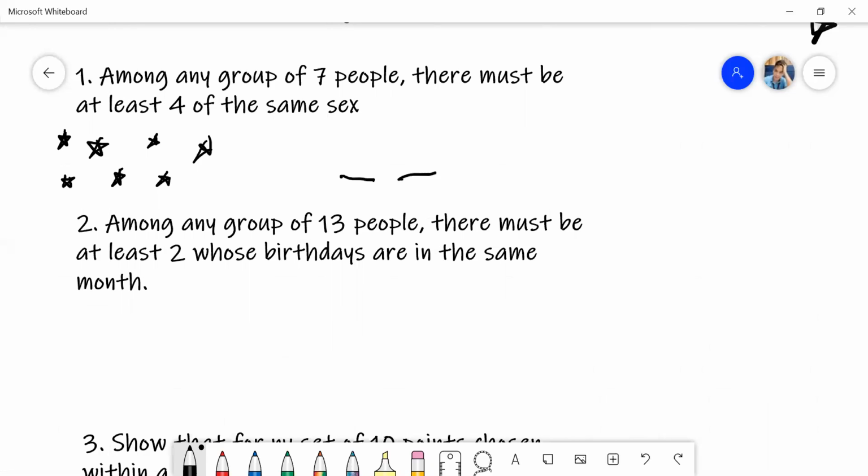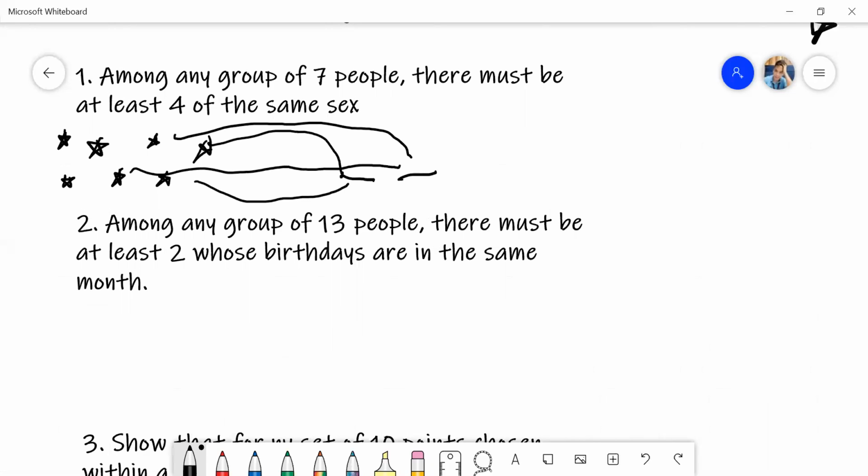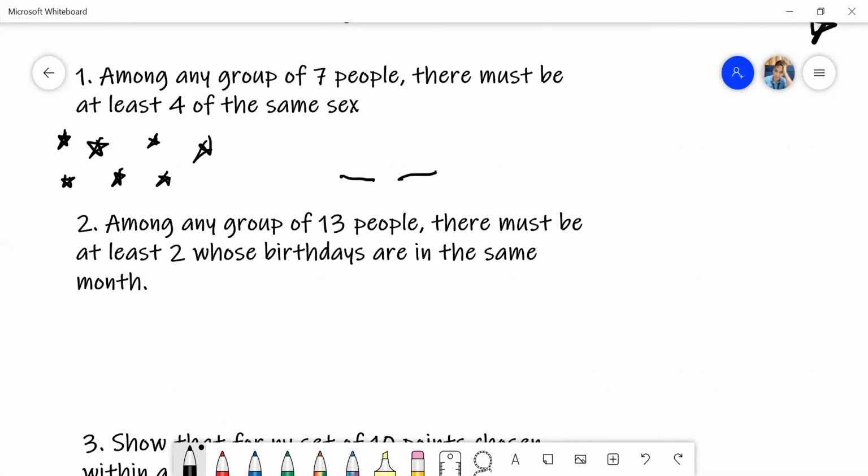So if you're going to place this one here, the other one here, and so on. Let's color this for aesthetic purposes.